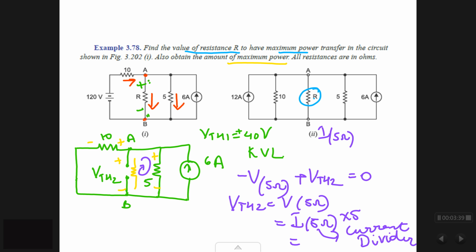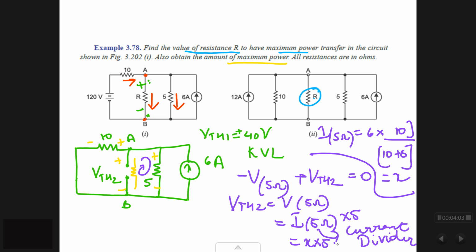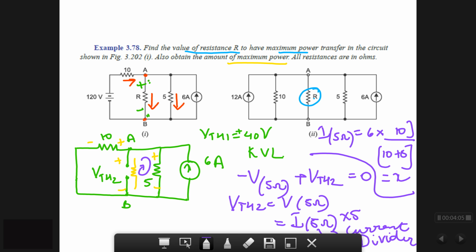Source current is 6. Denominator is the sum of the resistances through which this current is flowing, so it is 10 plus 5. In the numerator you put the other resistor, which in this case is 10. The answer that you get will be your current in your 5 ohms resistor. Say it is X. Put X into 5, that will be the magnitude of voltage.